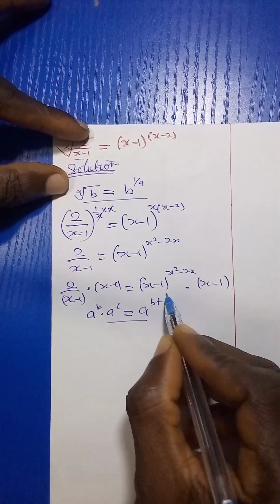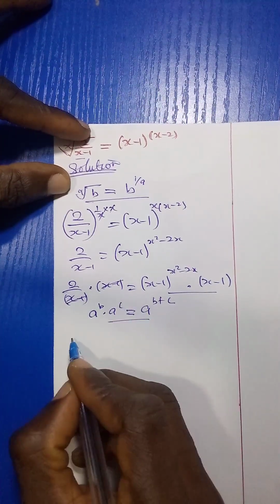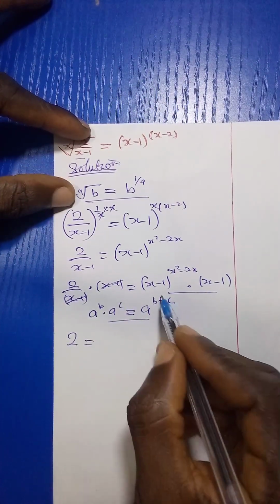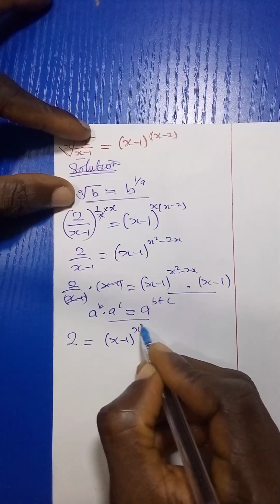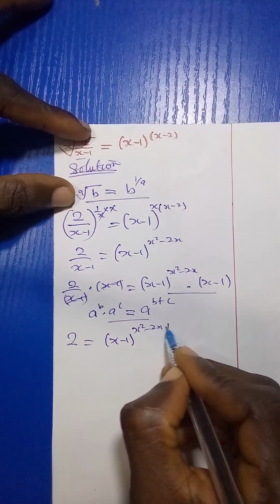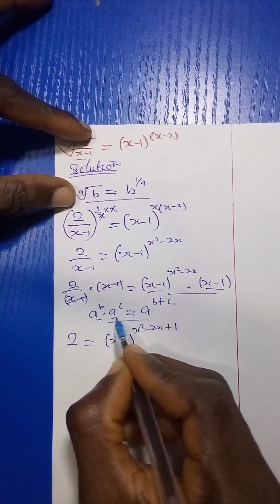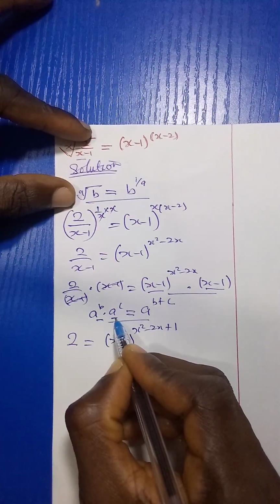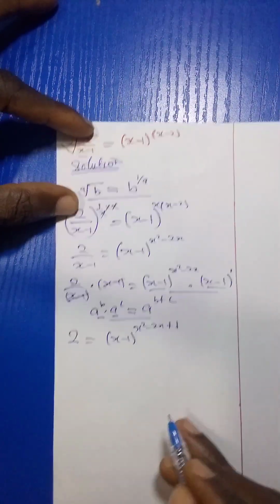So this property will be applied here. So this and this will cancel out first, giving us 2 is equal to x minus 1 in brackets to power x squared minus 2x then plus 1, because the bases are the same, just as we have it in the law. So I can put plus 1 here because the power here is 1.